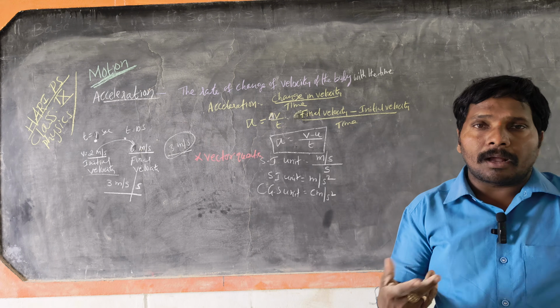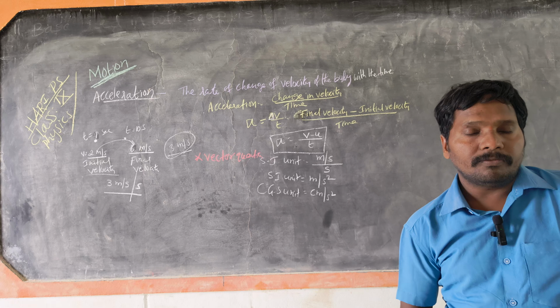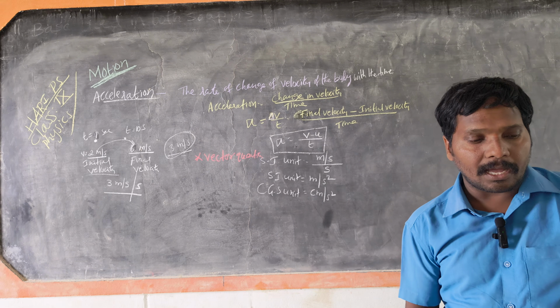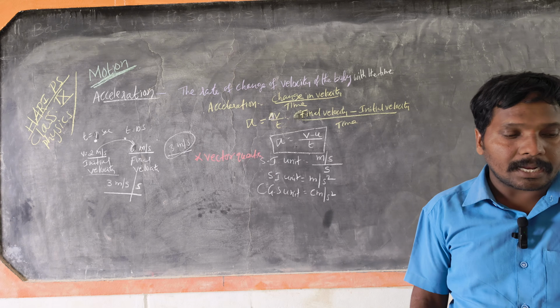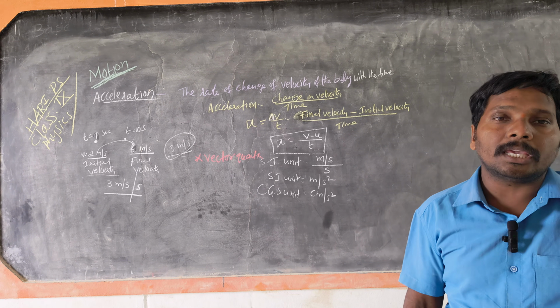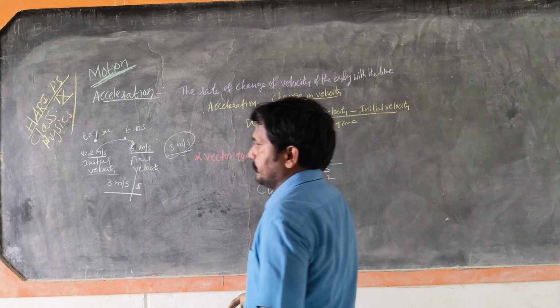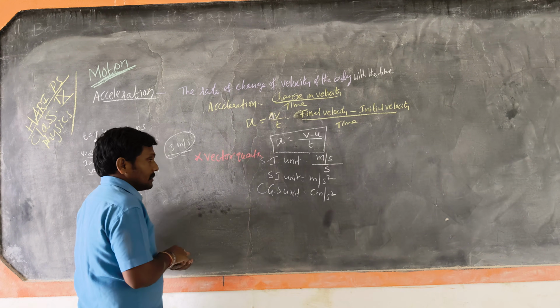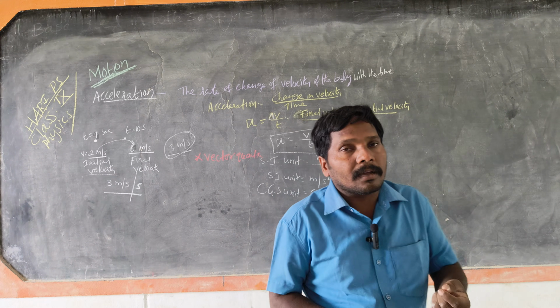Then uniform acceleration. A body has uniform acceleration if it travels in a straight line and its velocity increases by equal amounts in equal intervals of time.